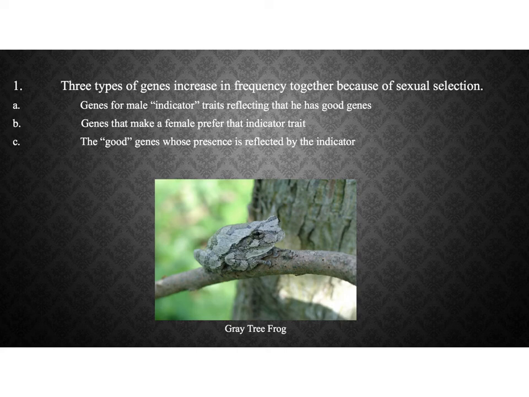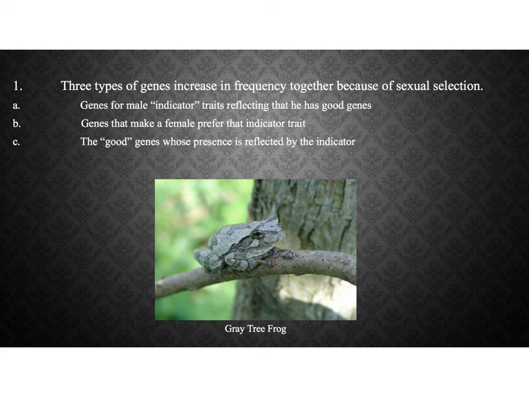Second, the gene that makes a female prefer that indicator trait, that's also important, comes from the female genes, of course. The third, the good genes whose presence is reflected by the indicator.